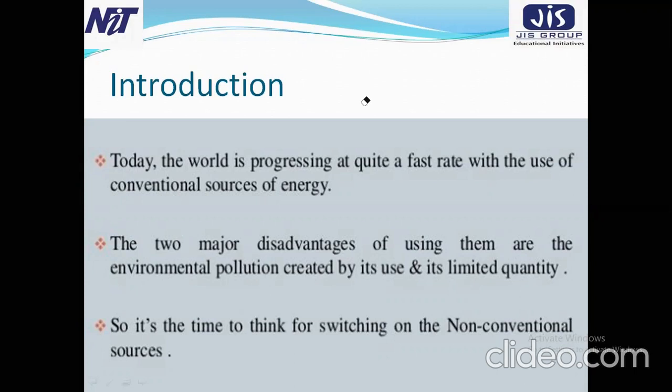So for that reason, the scientists and engineers are thinking of a substitute power generation system.